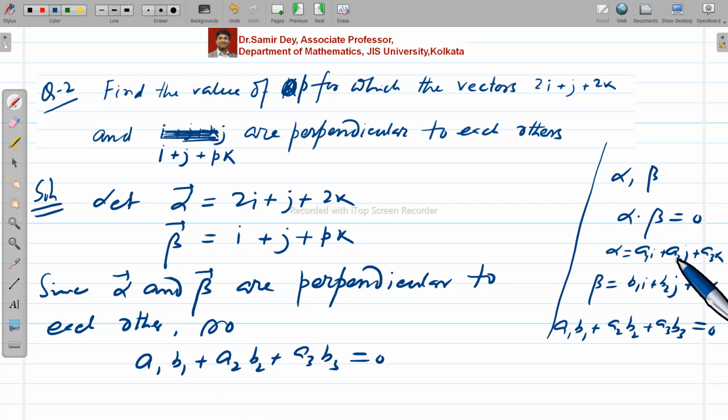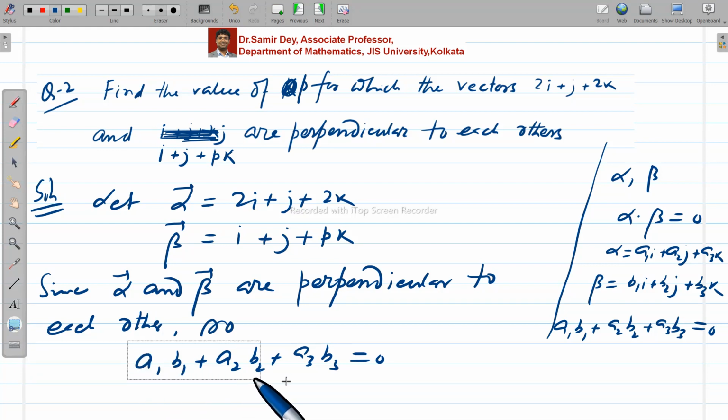The j coefficient of alpha. What is a3? The k coefficient of alpha. What is b1? The i coefficient of beta. What is b2? The j coefficient of beta. What is b3? The k coefficient of beta. Clear? So in this problem, a1 is equal to 2, a2 is 1, a3 is 2. It's very easy.